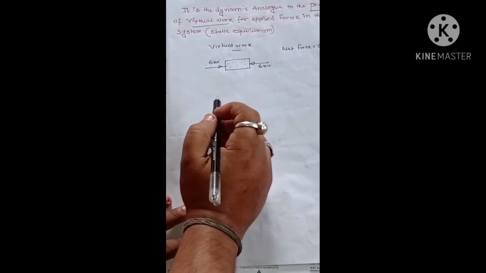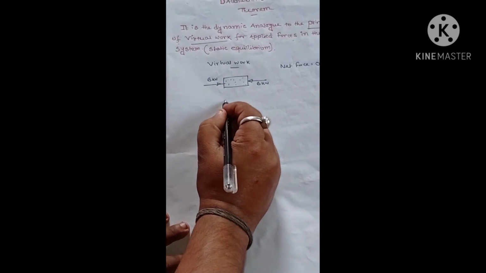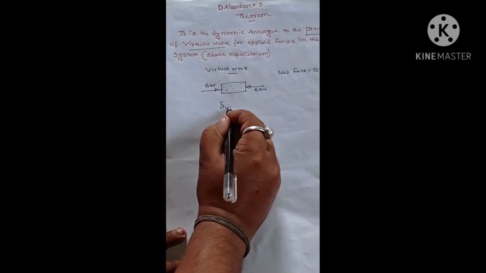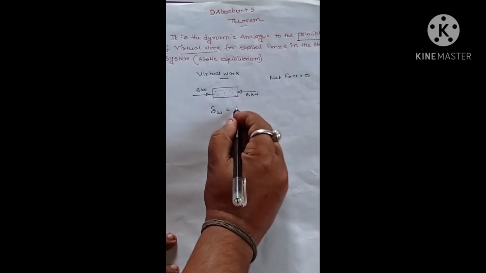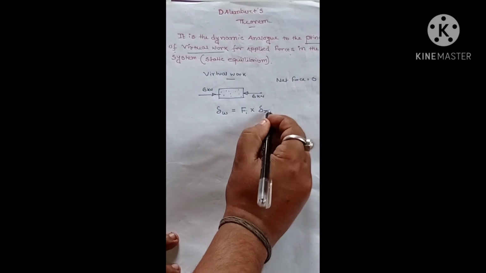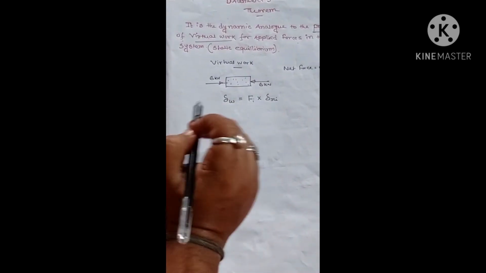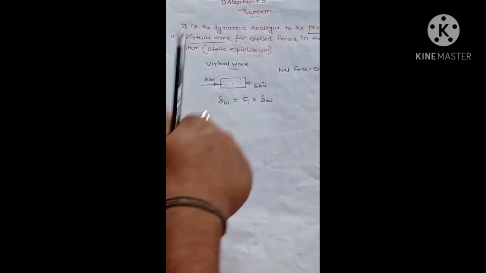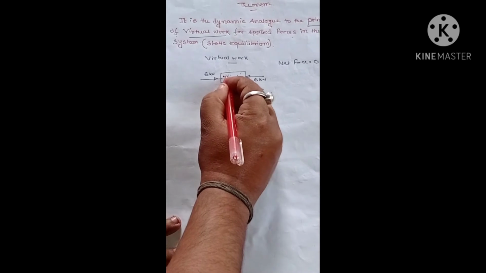In the principle of virtual work, we can explain that del W, the work done, is equal to force into displacement. We assume that after applying the forces in a static system, the particles within the system are displaced a very small amount.